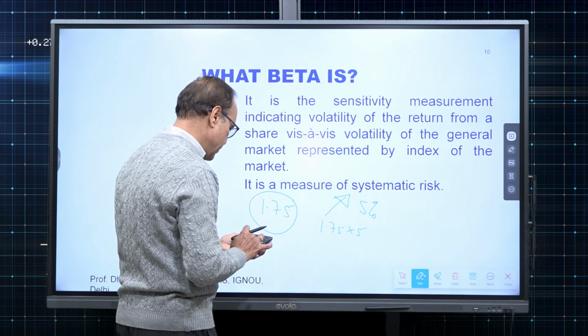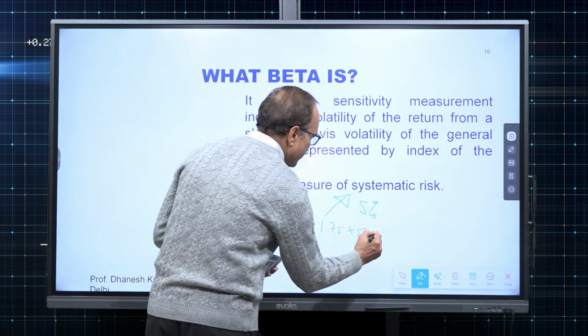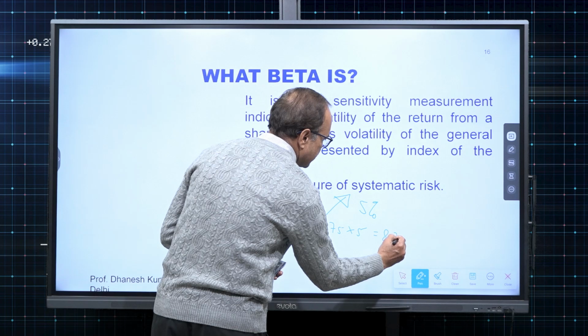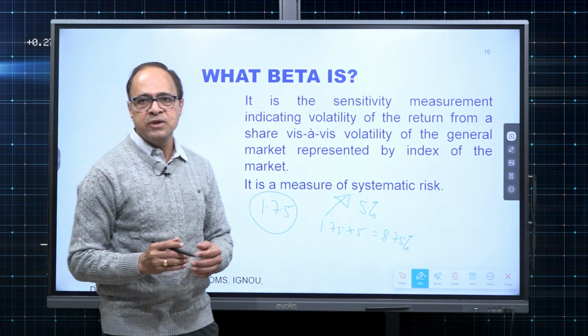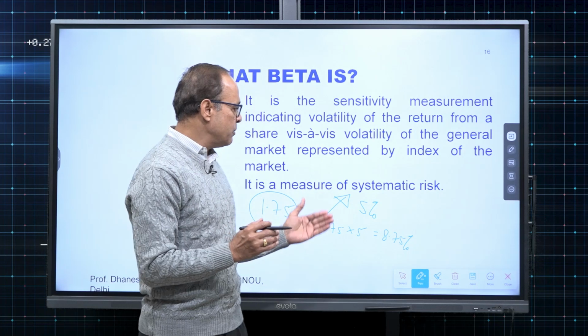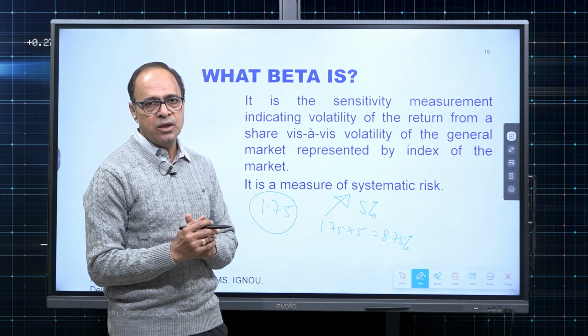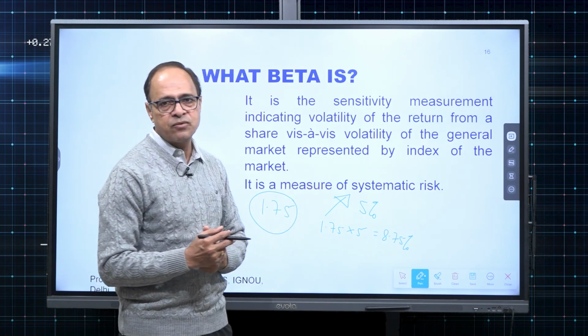So 1.75 multiplied by 5 gets me 8.75%. So in that way beta is the volatility measurement which tells me how the return from a particular share will change given volatility of the index of the market.